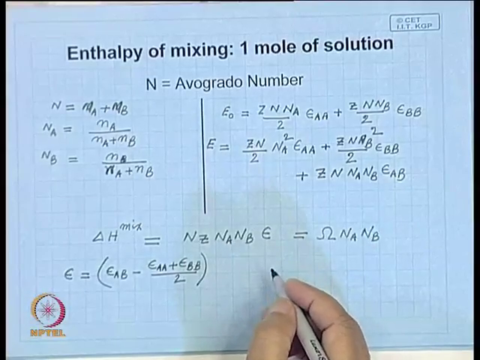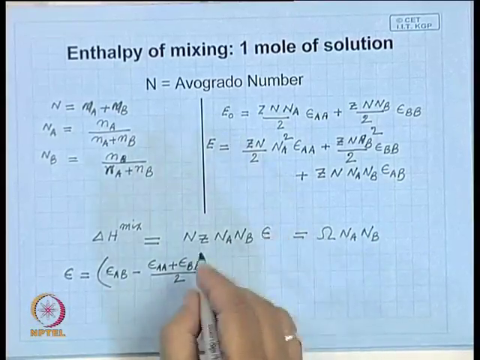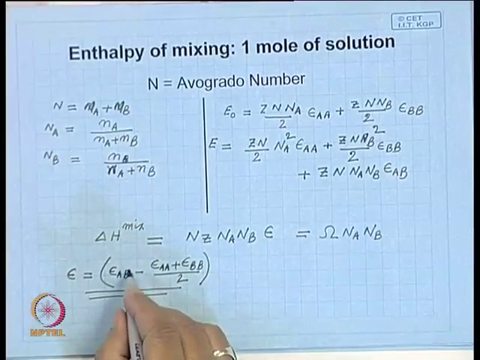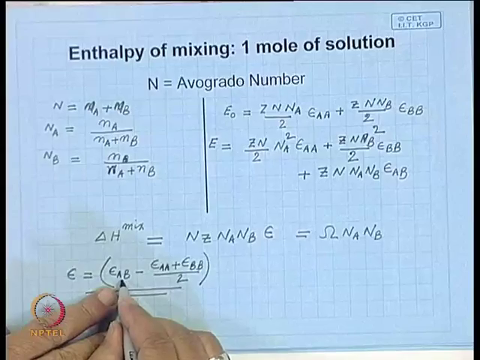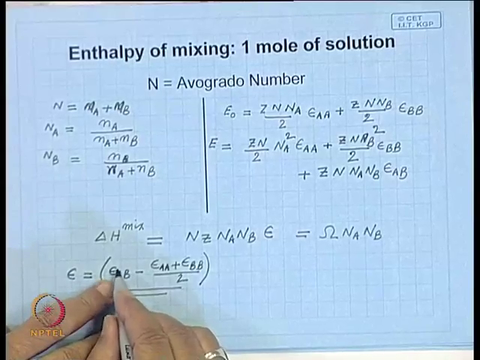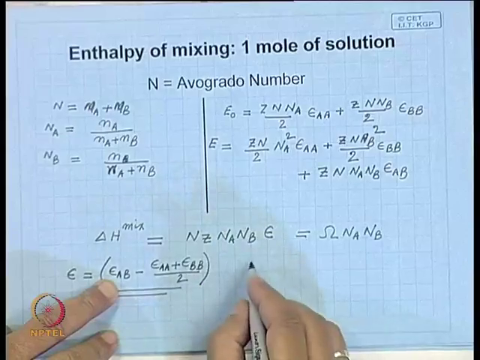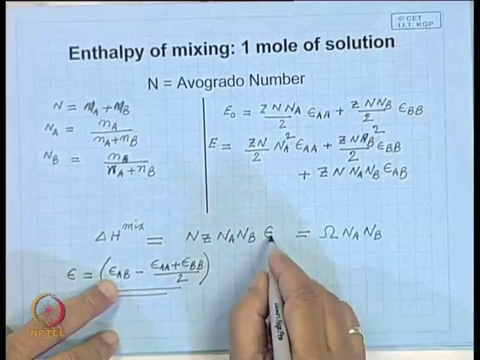Now, look at this term. If the tendency of ordering is more, if the AB bond is preferred over the others, then epsilon is positive.